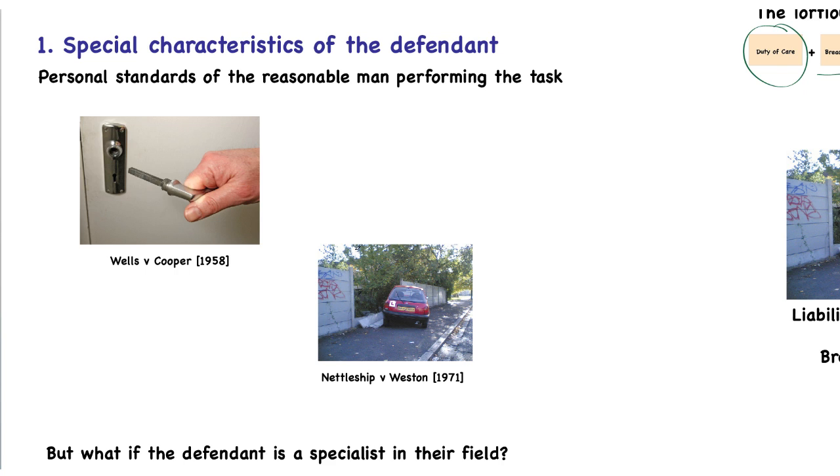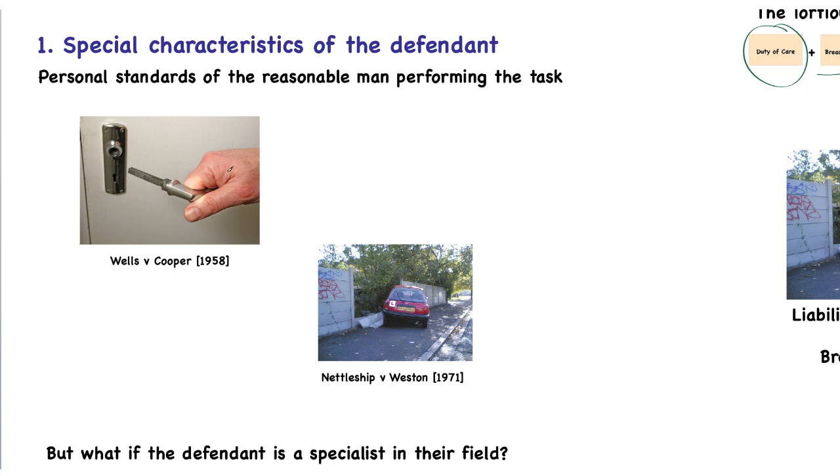So, for instance, if I am driving on the road, the standard by which I am judged is how would the reasonable man drive, not how I would drive. If the reasonable man would drive the same way as me, then I have met the standard. If the reasonable man would drive better than I did, then I have fallen below the standard and I have breached my duty.